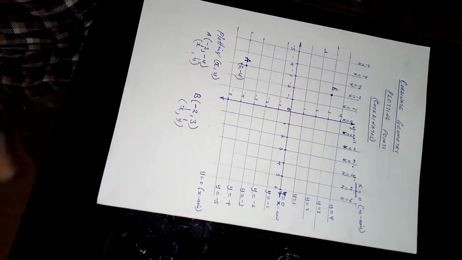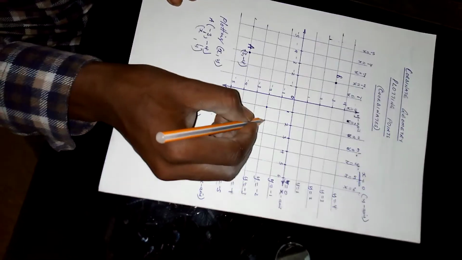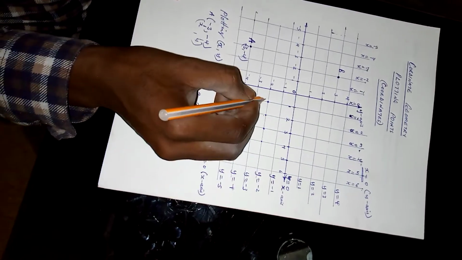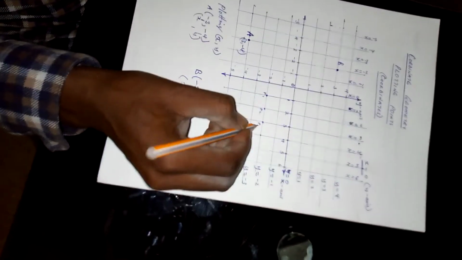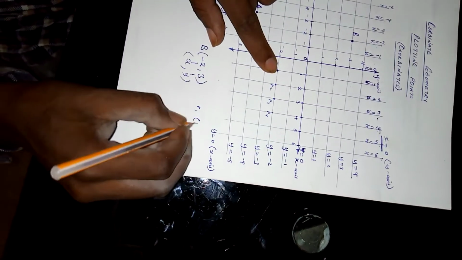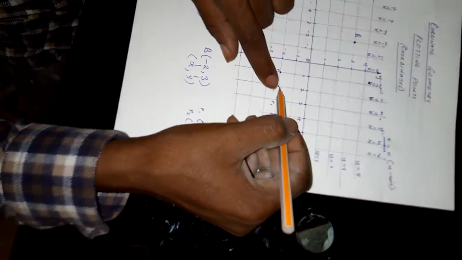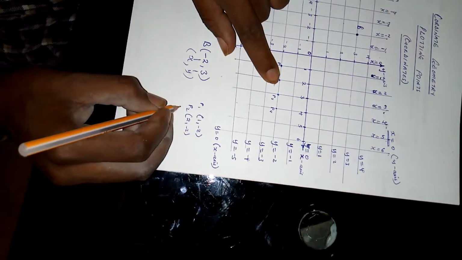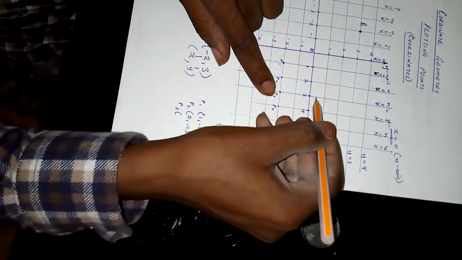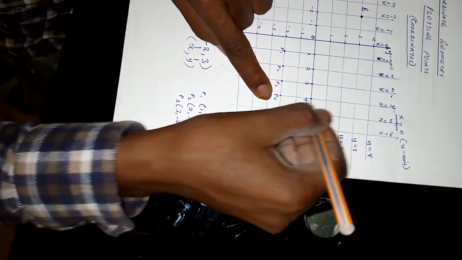If you want to prove that this line is y is equal to -2, let's try to check. If I have these points, let me call point 1, point 2, point 3, point 4. Point 1 is at (1, -2), point 2 is at (2, -2), point 3 is at (3, -2), point 4 is at (4, -2).